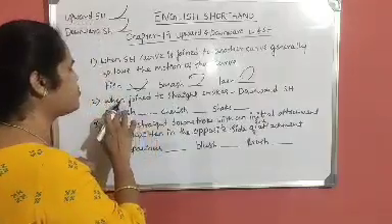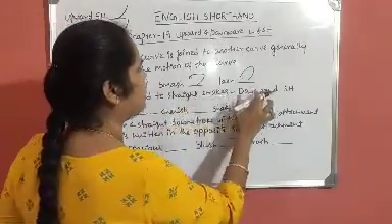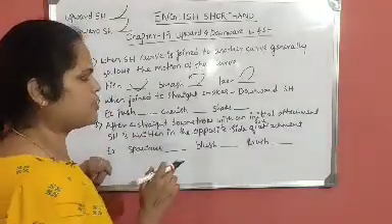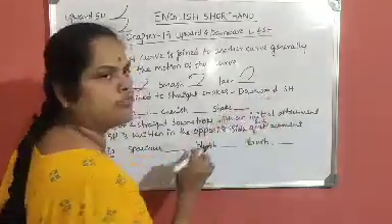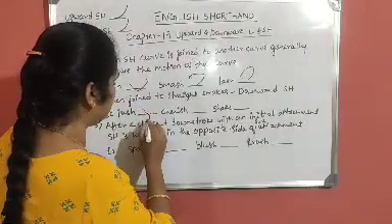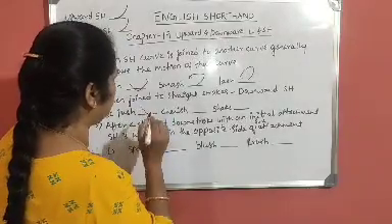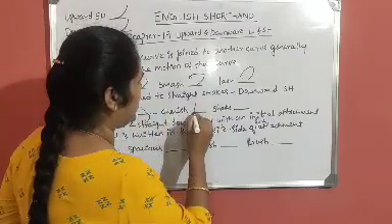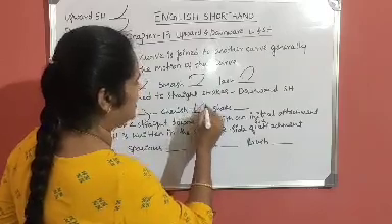The next point is when joined to straight strokes, we have to use downward form of ish. For example, push, P and ish, here it is downward form. Cherish, Ch, R, ish.